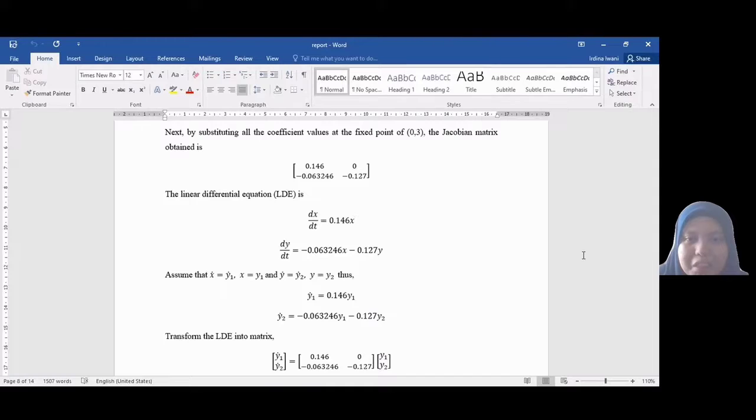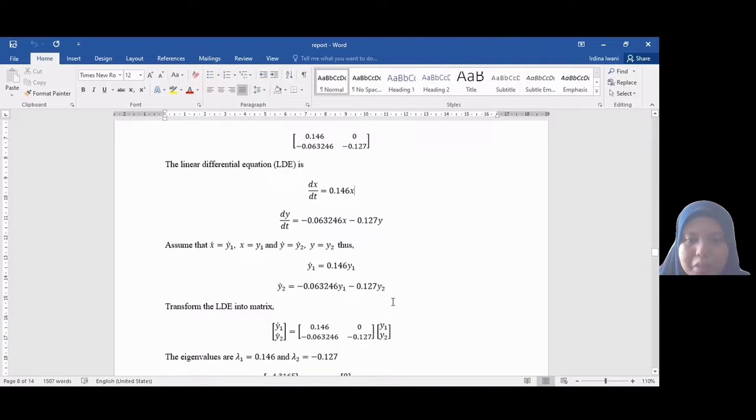Next, we have the fixed point of (0, 3). The Jacobian matrix obtained is as shown. The linear differential equations that we have are y1 dot equal to 0.146y1 and y2 dot equal to negative 0.063246y1 minus 0.127y2.